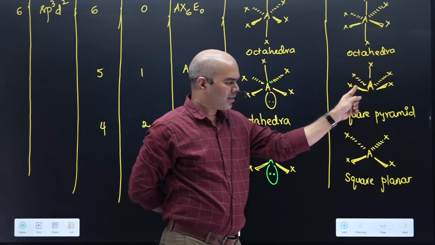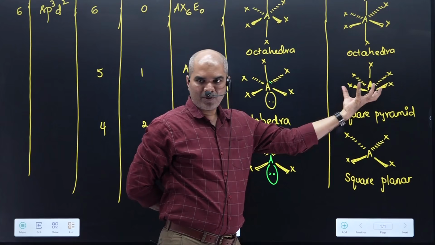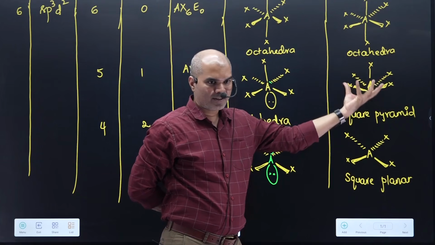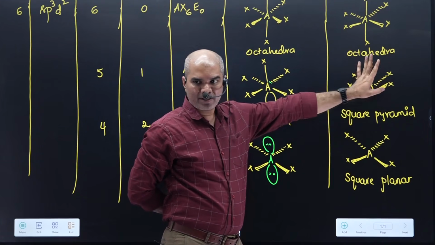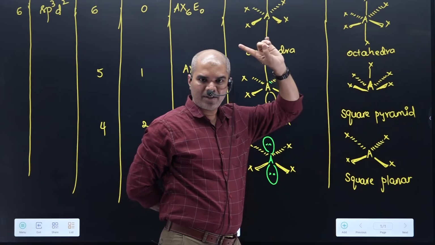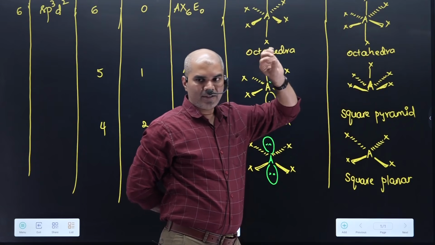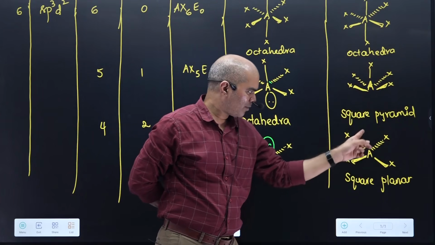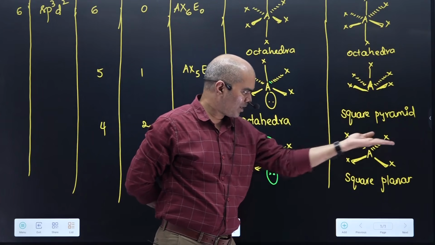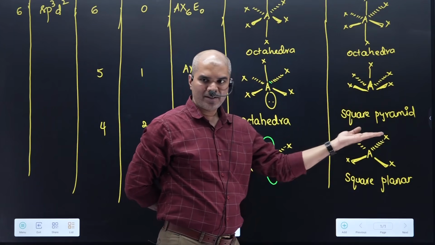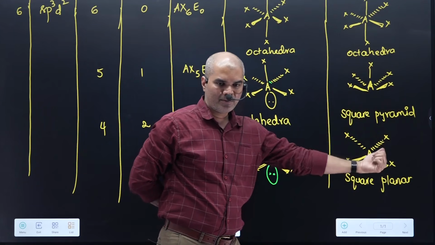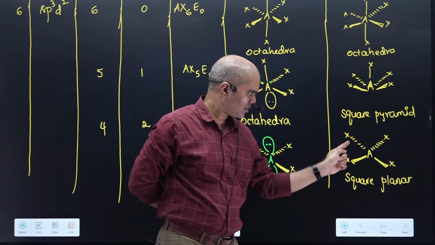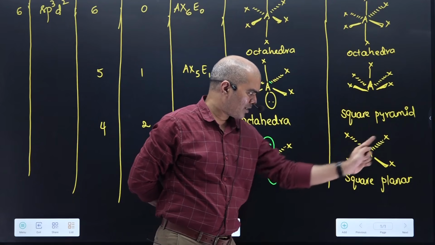It is not 180, it is lesser than 180, because the lone pair is occupying more space. This is the exact geometry, but in general you see the last one that I have drawn. In depth, this is the perfect geometry. For square planar, with lone pairs above and below, it will be a perfect plane. So now you have 90 degrees and 180 degrees: 90 between any adjacent bonds and 180 between opposite ones.